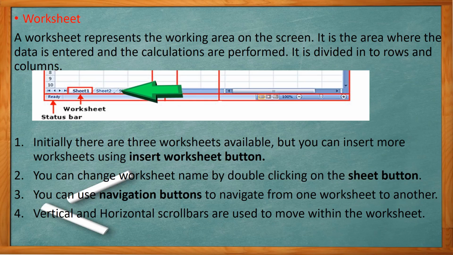You can change the worksheet name by double-clicking on the sheet button. You can use navigation buttons to navigate from one worksheet to another. Vertical and horizontal scroll bars are used to move within the worksheet.